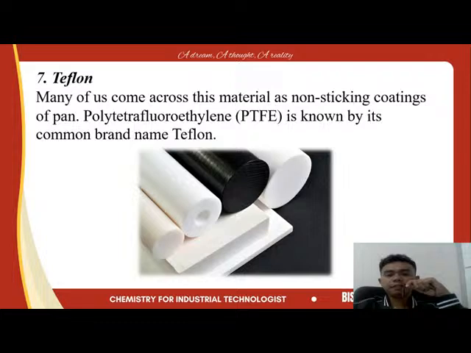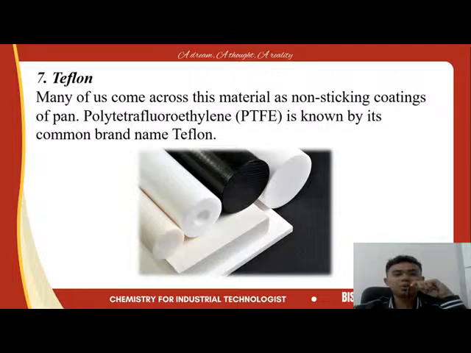Apart from its use in the kitchen, it is also used in several automotive parts, such as gaskets, linings, fuel hoses, power steering transmission, and many more. Actually, I have this experience of being a sales boy at a certain hardware, and I have encountered a lot of drivers or motorcycle owners that look for Teflon.